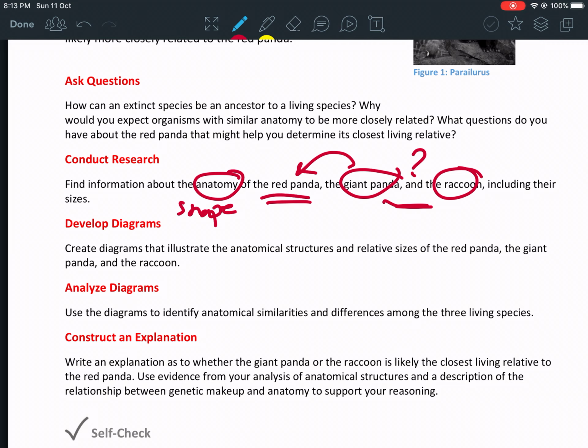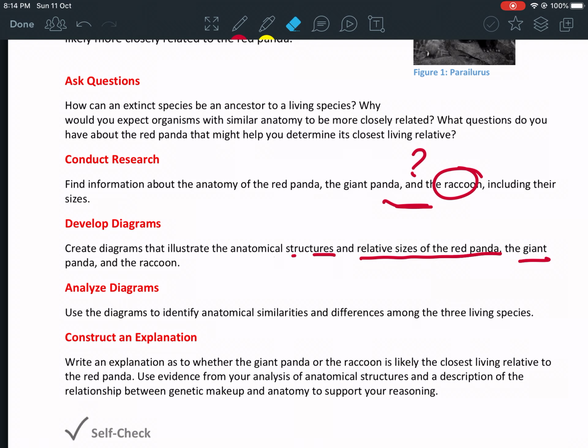You can draw the diagrams, or you can put the pictures. Create diagrams that illustrate the anatomical structures and relative sizes of the red panda, the giant panda, and the raccoon, these 3. So you have to put pictures of these 3, find them off the internet, the shape of them. If you can draw them yourself, it will be beautiful. Whatever you'd like to do.